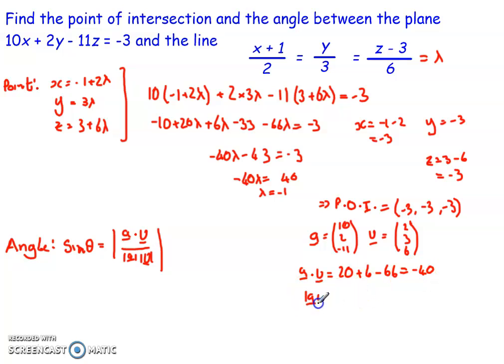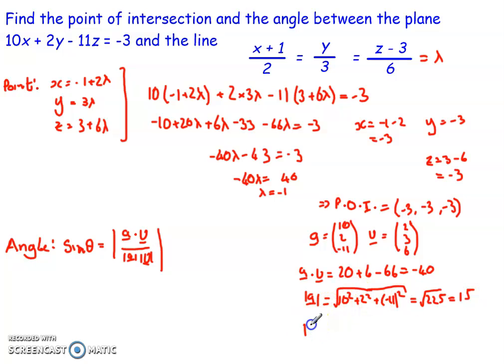My magnitude of A, what that's going to give me is the square root of 10 squared plus 2 squared plus my negative 11 all squared. If I was to do all of that, 10 squared plus 2 squared plus my negative 11 squared, that would end up giving me the square root of 225, which is quite nice because that's just 15.